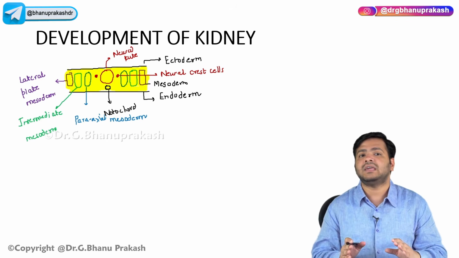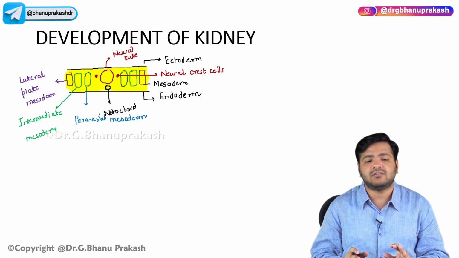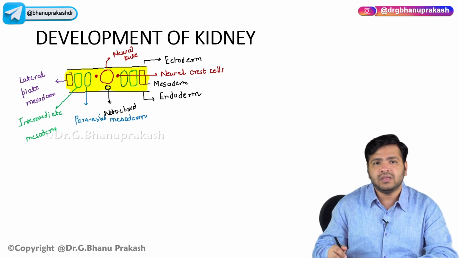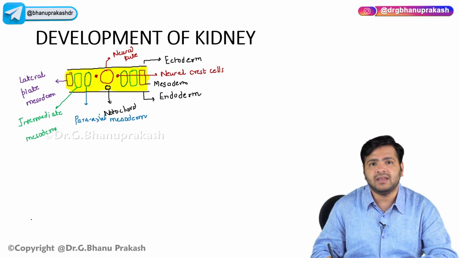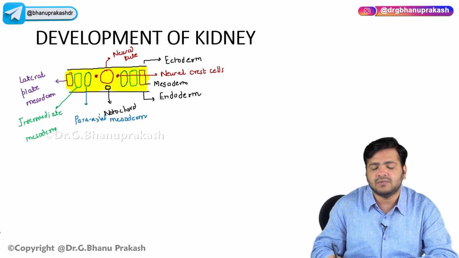So we have the para-axial, intermediate, and lateral plate mesoderm. The kidneys are developing from the intermediate mesoderm.